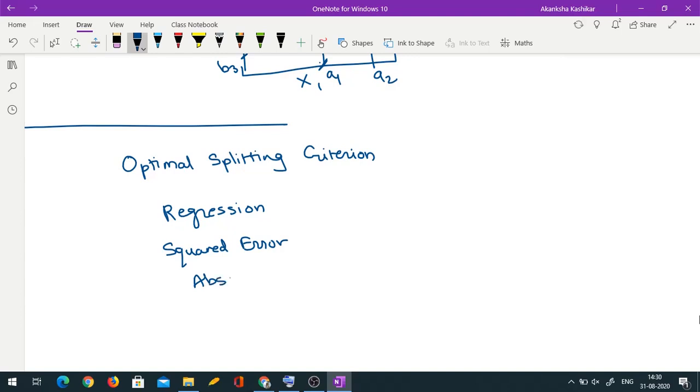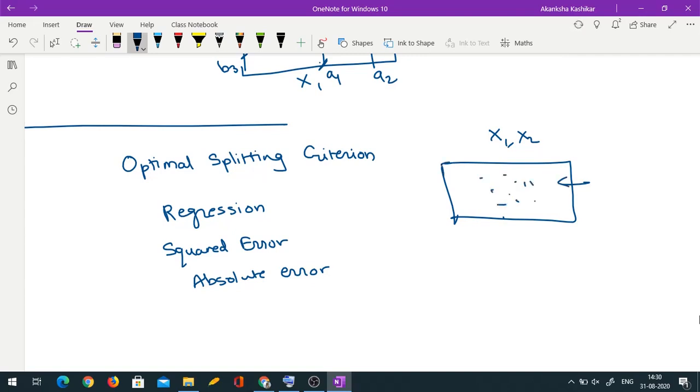So what do I mean by this? Suppose I have this node which needs to be split, and let us say I have only two variables x1, x2. For every observation in this class, my prediction is the average of all the observations in that class, in the regression setup.